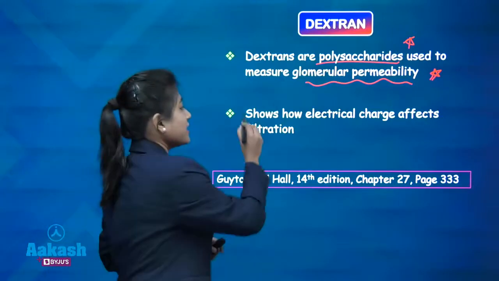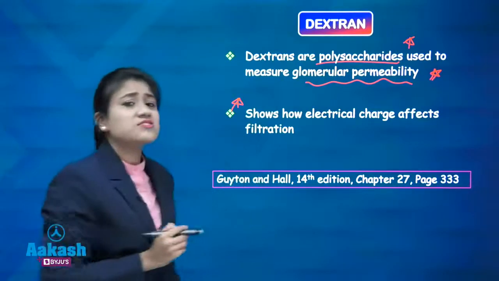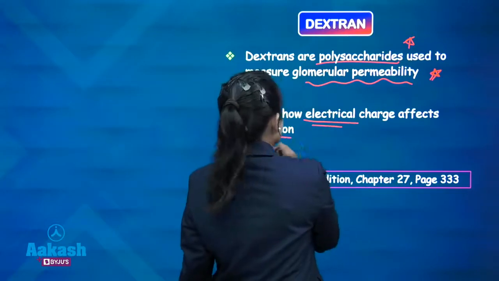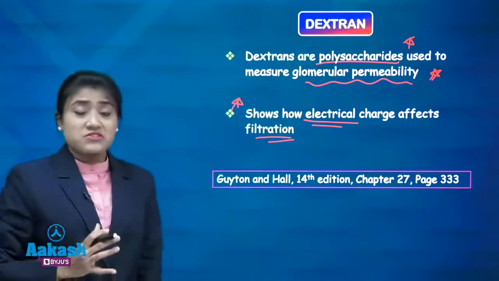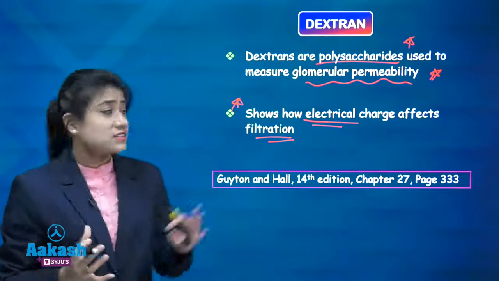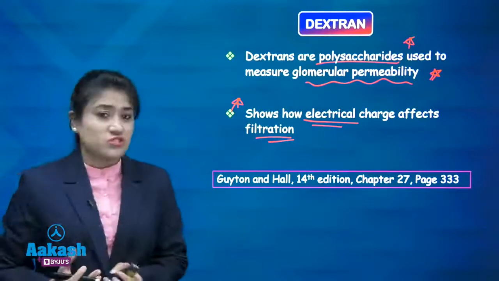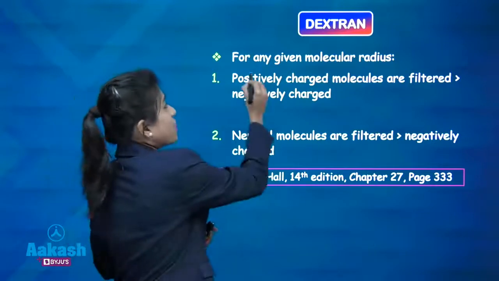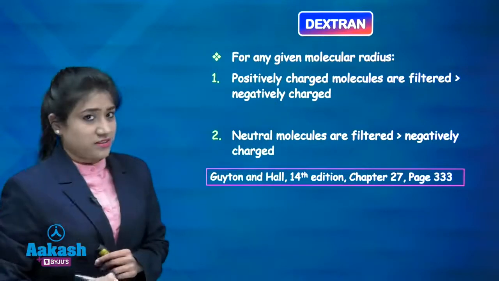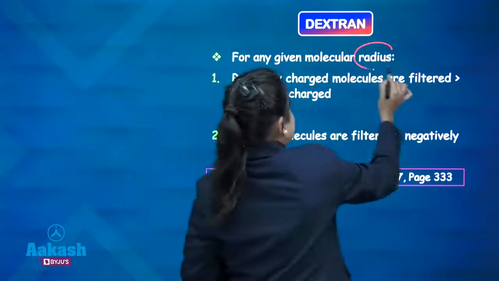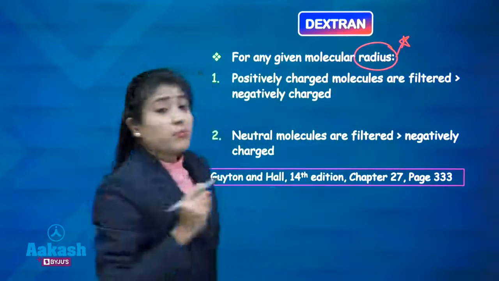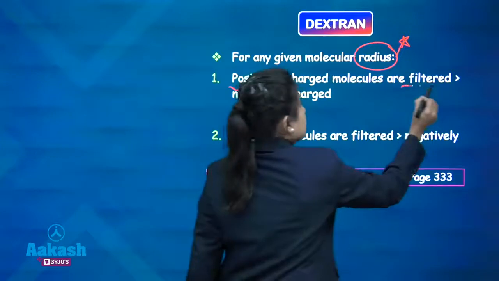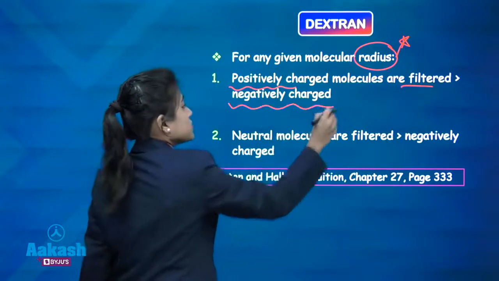Got it? Again, you should know that dextran shows that electrical charge affects the filtration. Okay, so these dextrans just show whether the electrical charges affect the filtration or not. So here, one more thing you should know, that for any given molecular radius, positively charged molecules are filtered more than the negatively charged molecules.